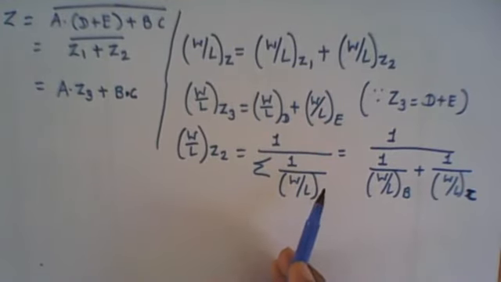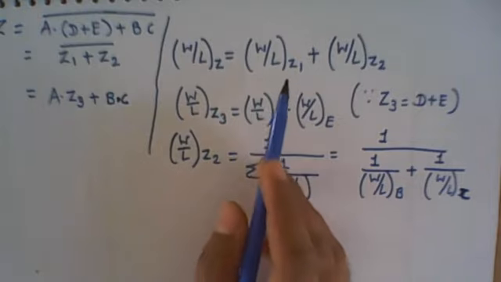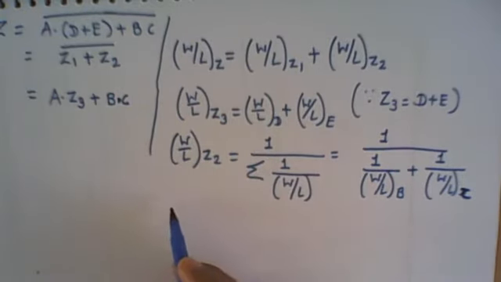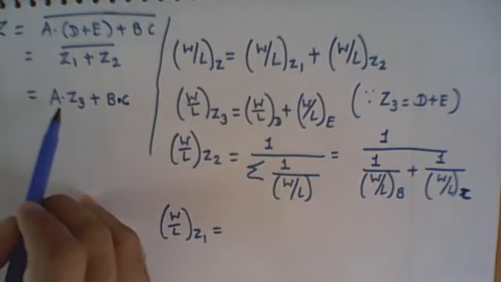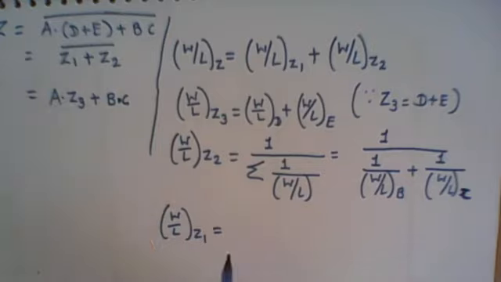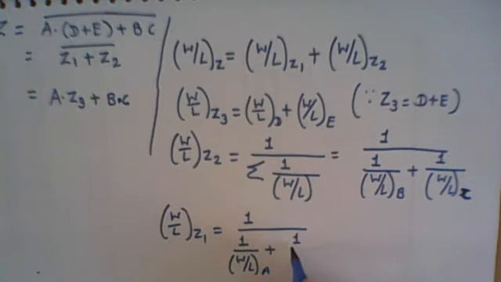Now, how to find the W upon L of Z1, where Z1 is equal to A into Z3? It is 1 upon W upon L of A plus 1 upon W upon L of Z3.